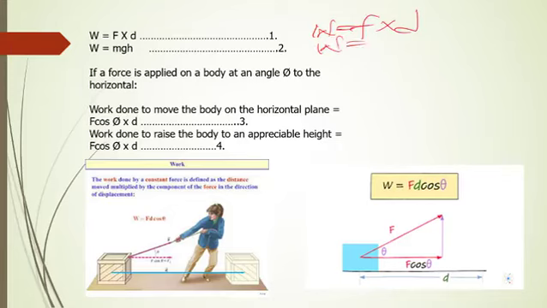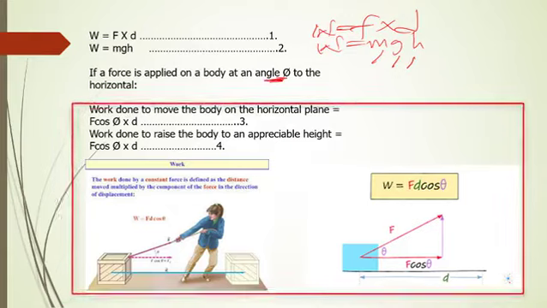Also, we can say that work is equal to mgh, which is the mass of the body, times g, due to gravity, and h, which is the height of the body. But what if force is applied on a body at an angle theta to the horizontal?